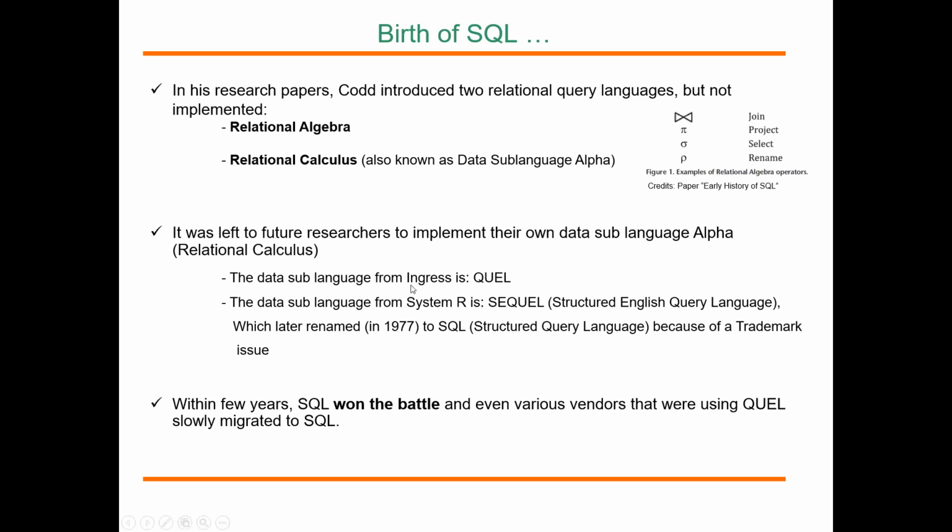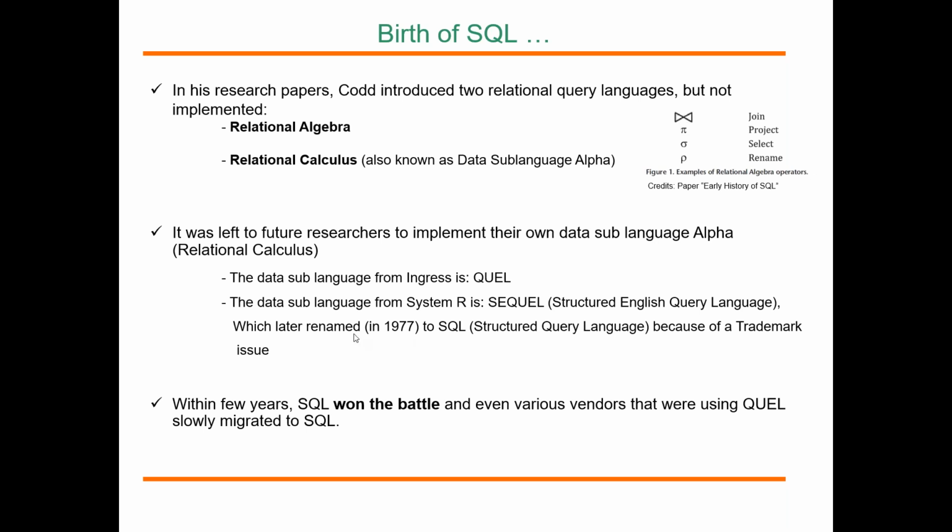Ingres named that relational calculus, or data sublanguage alpha, QUEL, for query language. And System R named it SQL, structured English query language.